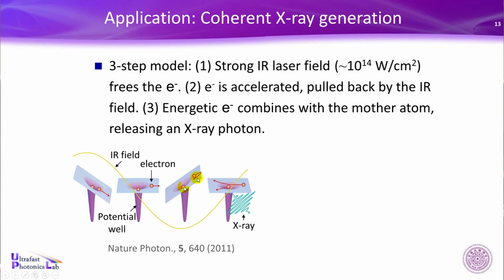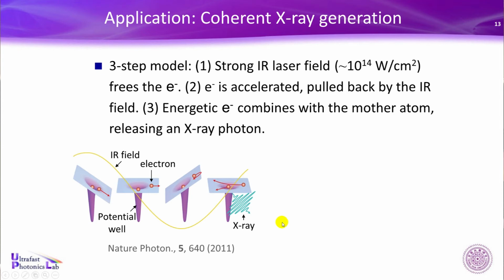So this is a simplified 3-step model to explain why you can get coherent X-ray by shining a strong infrared laser. You can see there is an exchange of energy from a low photon energy infrared laser to a high photon energy X-ray laser, by way of the nonlinear interaction with materials. And I'll show you one example.